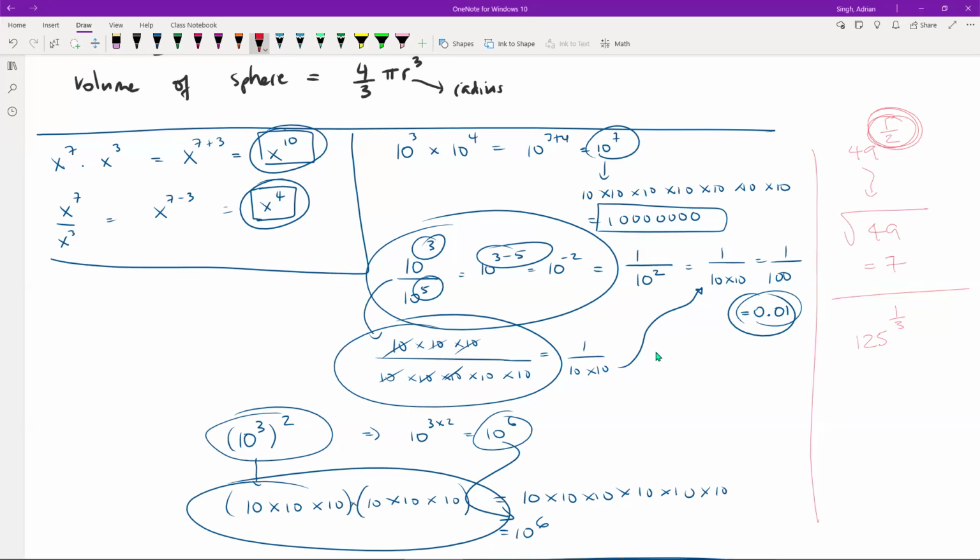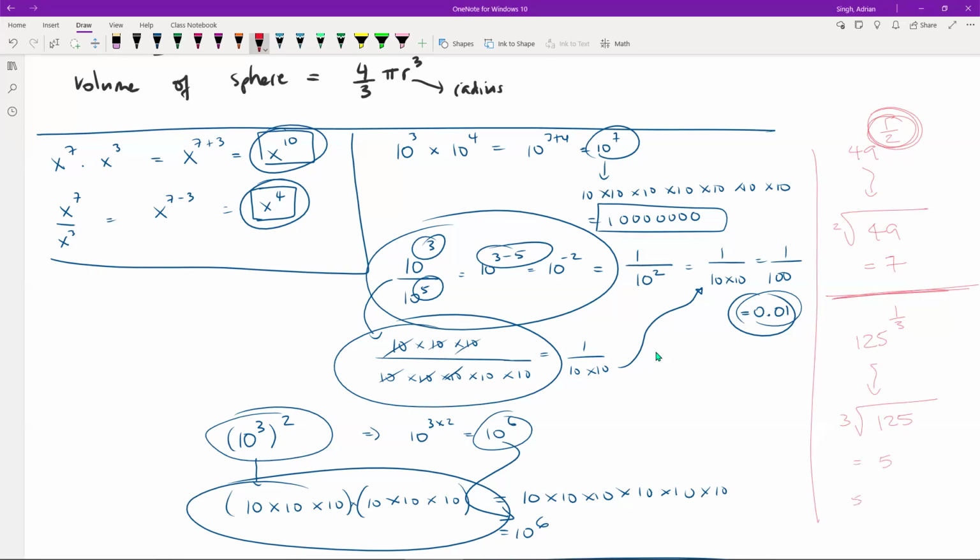So if I had 125 to the 1/3, that would be the same as saying the cube root of 125. Here it was 49 to the 1/2. That's the square root of 49. 125 to the 1/3 down here would be the cube root of 125, which would be 5.